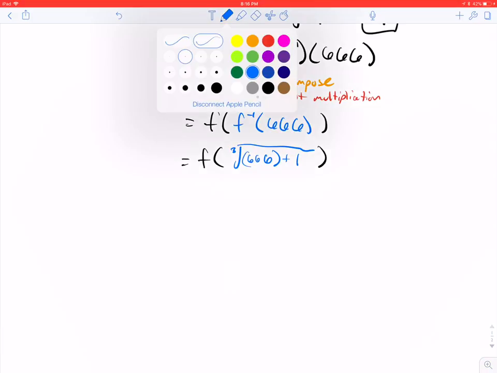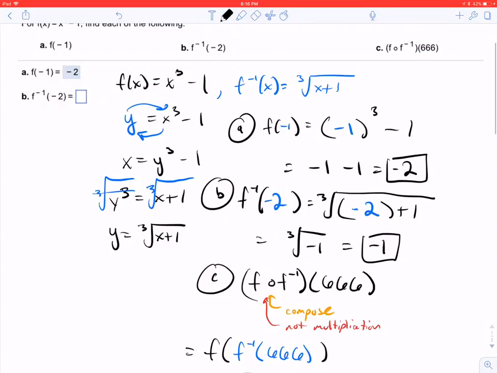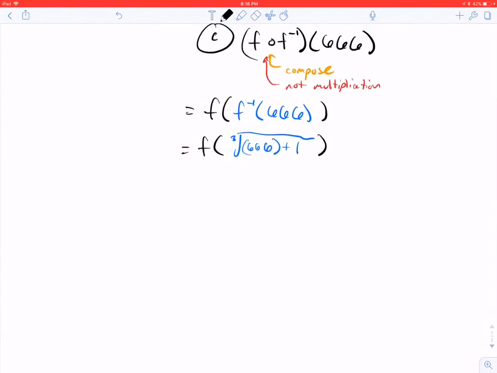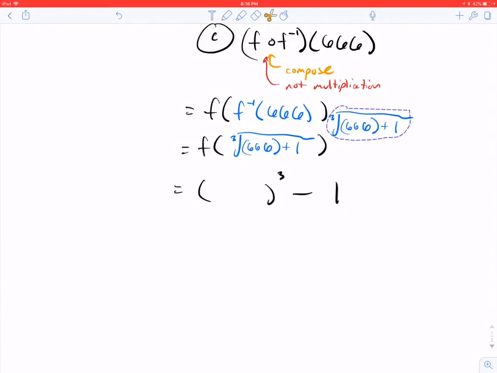Okay, so now to go further, we just rewrite f of x, which is x cubed minus 1. So this is going to be x cubed minus 1, but what goes in place of the x cubed is this part here. I'm going to copy and paste, and actually, let me undo. So that all goes in here.